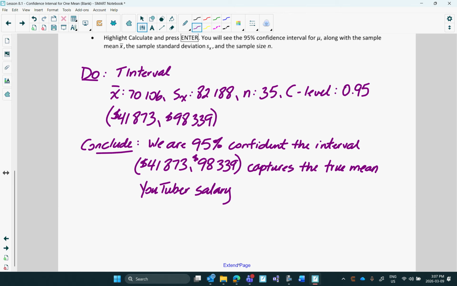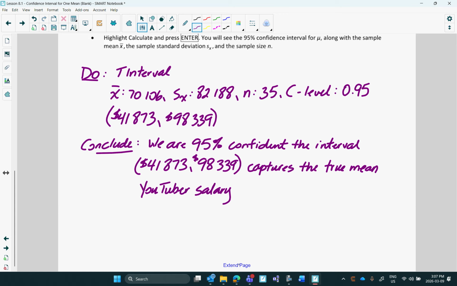Yeah, like if you had a low salary, if you were making 500 a year, would you be likely to make a video? No, probably not. If you're going to make a video, you're probably making some decent coin. So that's a potential problem with the way that this was done.